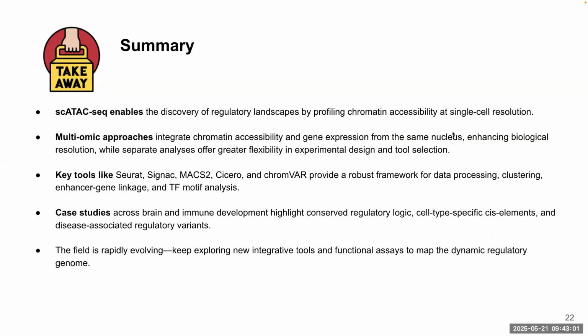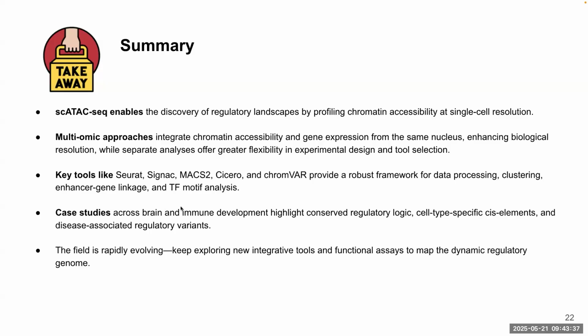This is a big benefit, enhancing the biological resolution, while separate analyses offer greater flexibility, but you need a lot of work in this kind of strategy. The tools found in this analysis, CellRanger, scATAC, MACS2, Cis-0, and Chromatin, seem to provide a robust framework for data processing, clustering, enhancer-gene linkage, and transcription factor motif analysis.